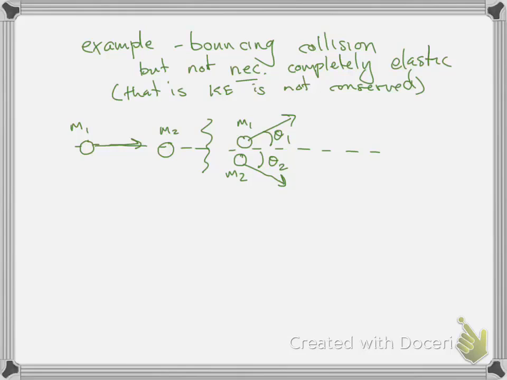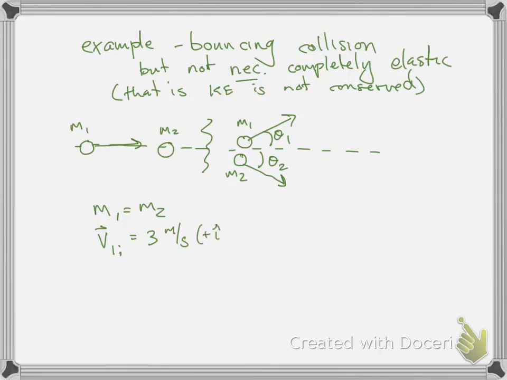But in order to give you some numbers to play with, let's say that in this case, M1 does indeed equal M2. And let's say we're just tracking M1. And so V1 initial, the initial velocity of ball 1 is, I'm looking at my notes, 3 meters per second in the plus x direction.